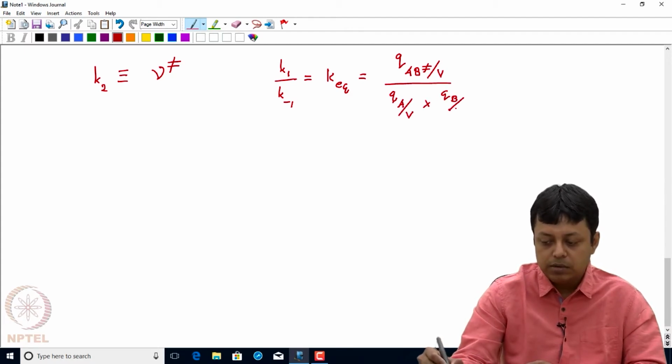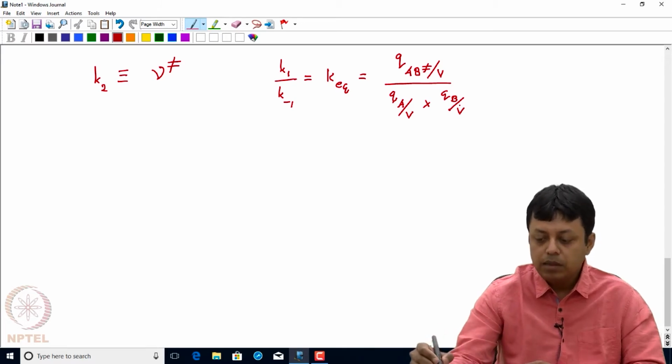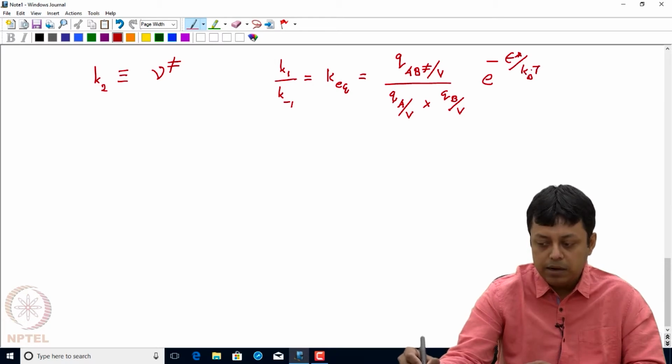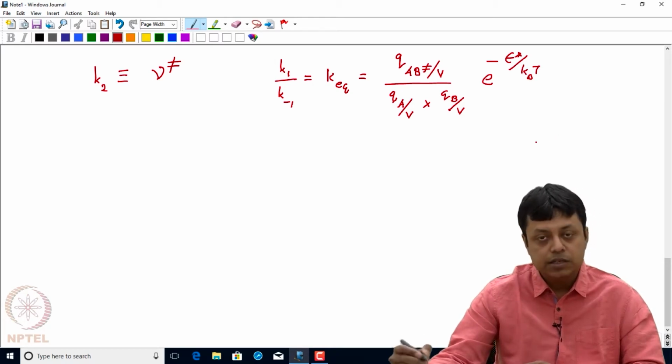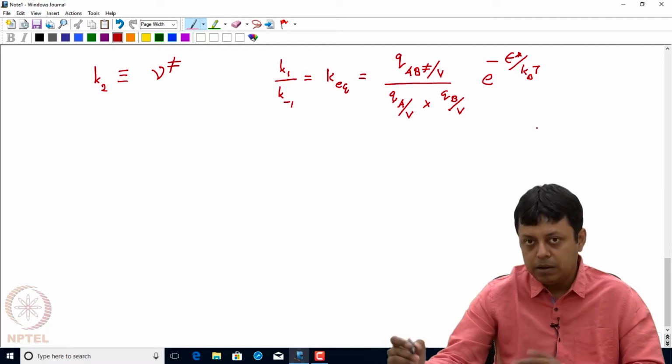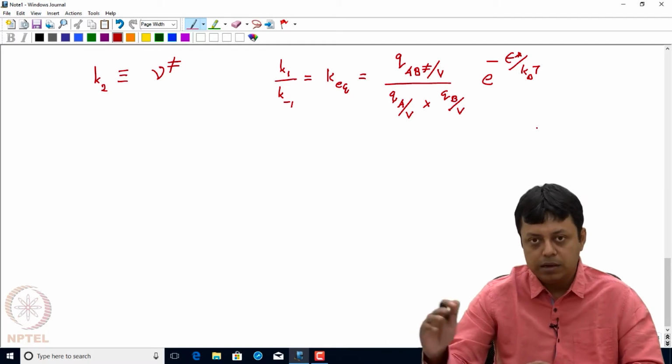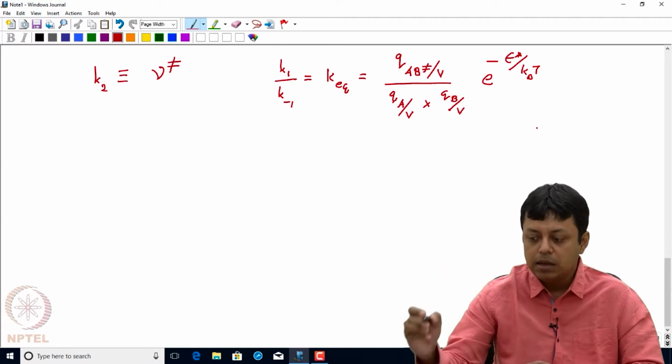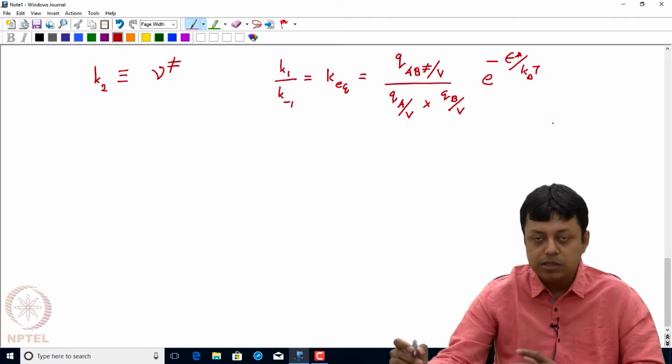So in this case it will be something like this, and times I have a factor where this E star denotes the differences in the 0-point energies of the reactants and the transition state that we also discussed. In the equilibrium constant, when I discussed A and B in equilibrium, where A and B are both molecular species, we said that it will be the 0-point energy difference.